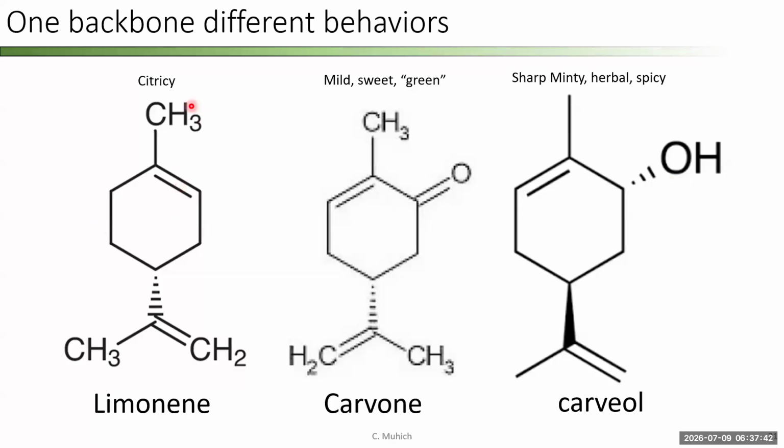Limonene is going to have a citrusy flavor. Carvone is mild, sweet, and has that green, vegetable taste, versus carveol, which is sharp, minty, herbal, and spicy, right? All just changed based on this single substitution.